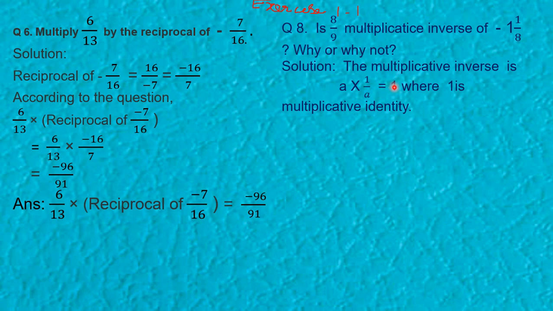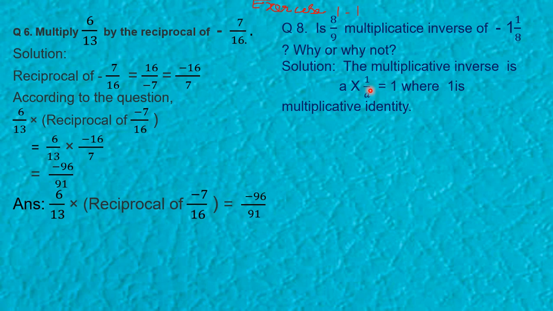This 1 is the multiplicative identity and 1 upon a is the multiplicative inverse of a, or we can say a is the multiplicative inverse of 1 upon a. That means both a and 1 upon a are the multiplicative inverse of one another.